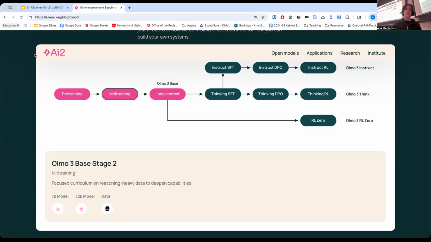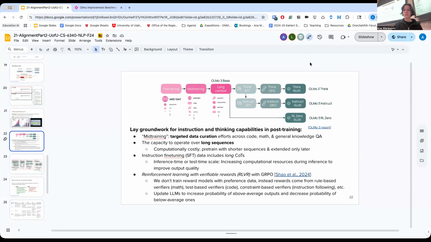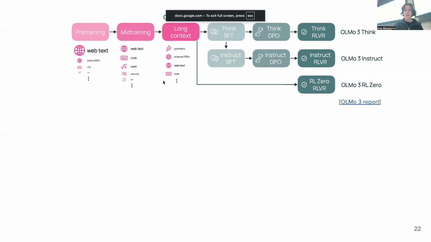And I'm going to go to my slide, which has a screenshot from their paper for a second. So here you can see how the data is mostly web. And in mid-training, you see how code, math, reasoning kind of becomes a little bit boosted there. It's still pre-training. You're not using human responses. You're just using scientific data, GitHub code bases and things like that.